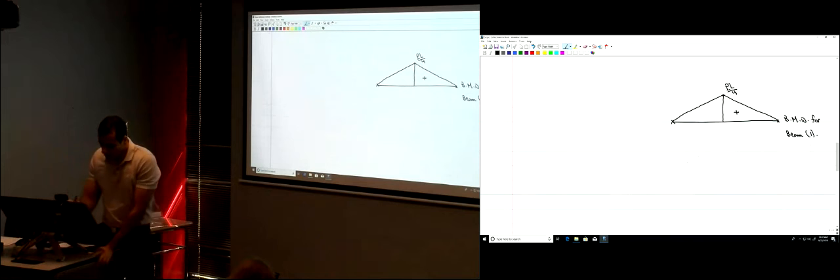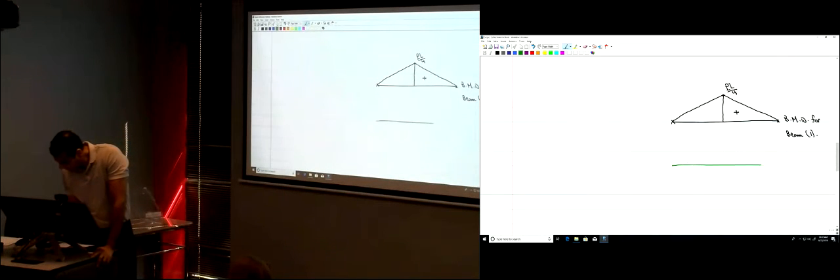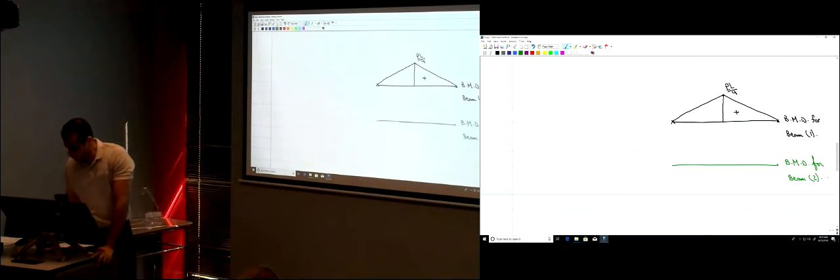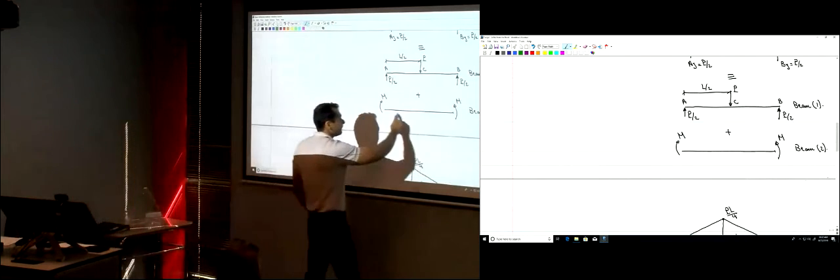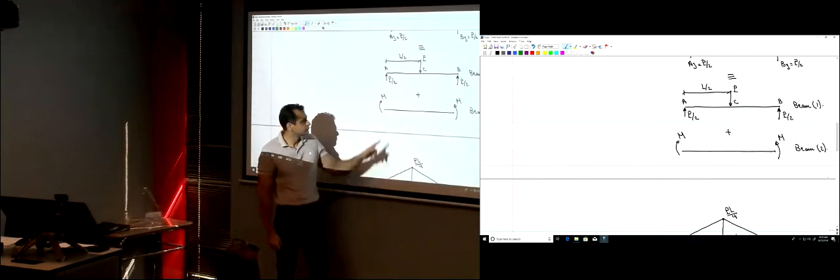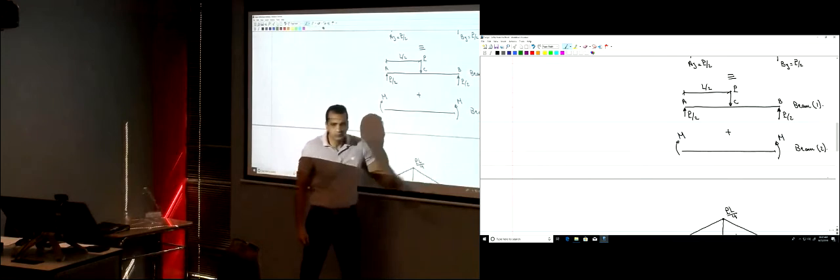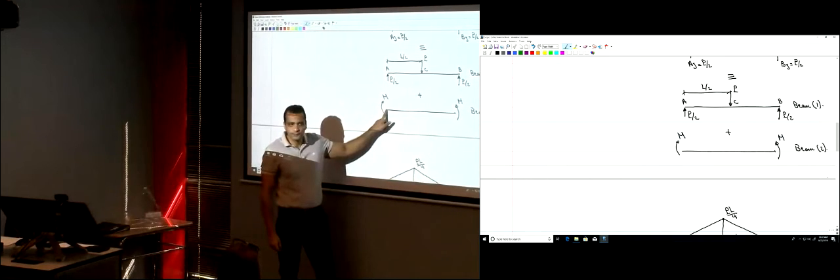Let me use a different color here and draw the bending moment diagram for beam 2 or loading 2. How would you draw the bending moment diagram for this beam? Just find the moment at the critical points. What are the critical points here? A and B. How much is MA? How much is the moment at this point?